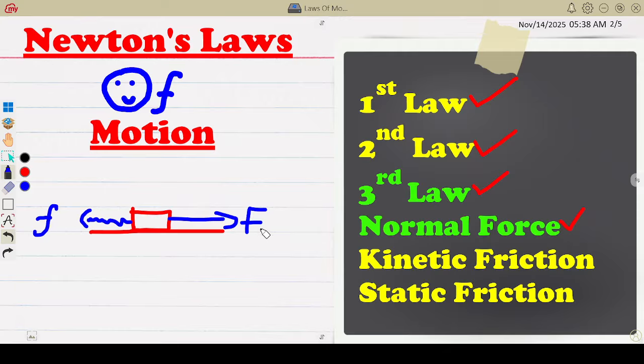Yeah, so in this case now, if we want to add the forces in the x-axis, forces in the x, we're going to say, okay, this is our pushing force, and then minus the friction force. Yeah, so the friction force, it is negative, and you can just remember from the coordinate system, something going to the right is positive, the opposite should be negative. Yeah, so F minus friction, it's equal to mass times acceleration in case there is movement.